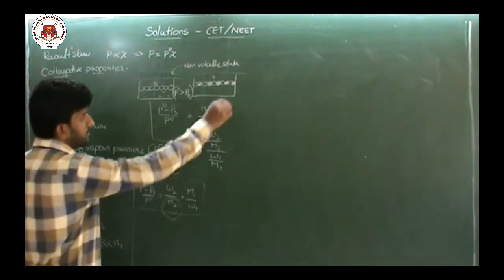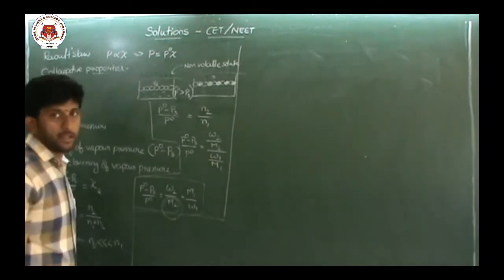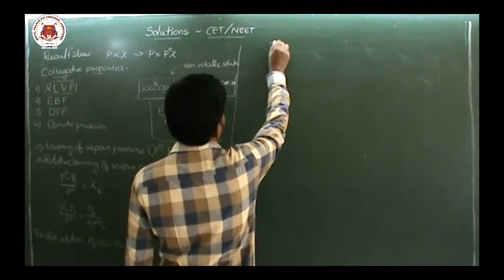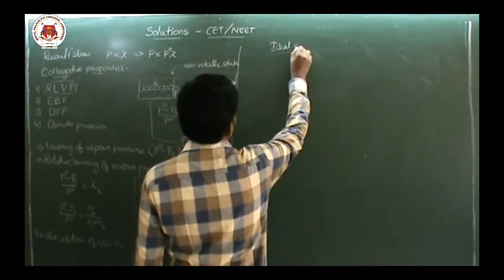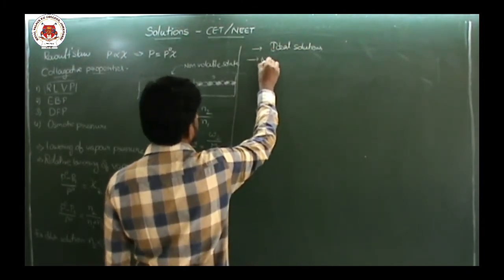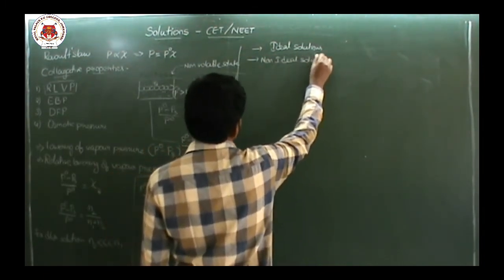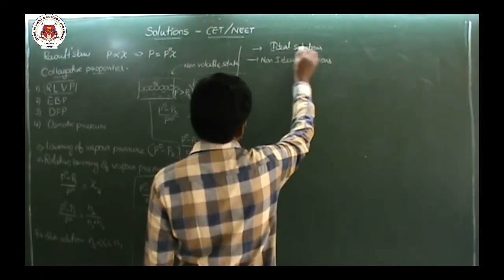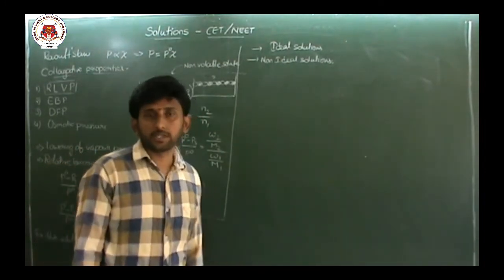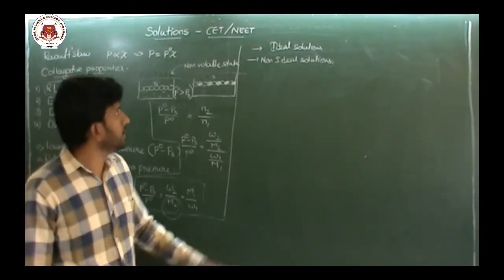Okay. Then, based on this Raoult's law, solutions are classified into two types: ideal solutions and non-ideal solutions. The solutions that obey Raoult's law at all conditions of temperature and concentration are called ideal solutions.